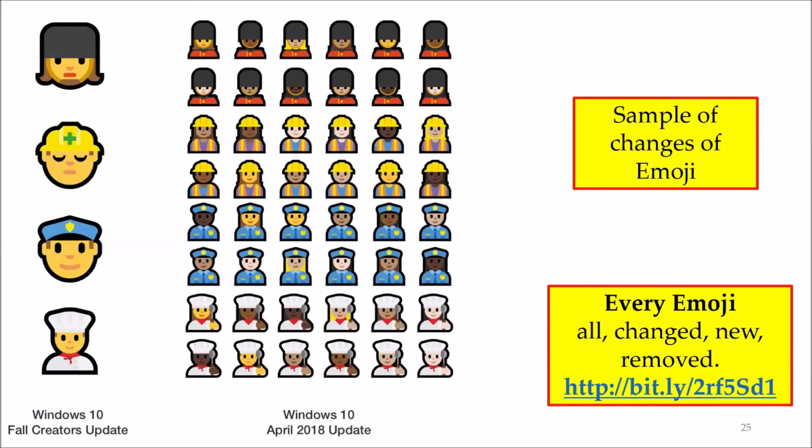You get all these other different variations. If you want to look at all of the emoji that's available in Windows 10, you can go to this bit.ly place on the internet and they will go through it for you. I was there, I looked at some of it, I thought it was great.